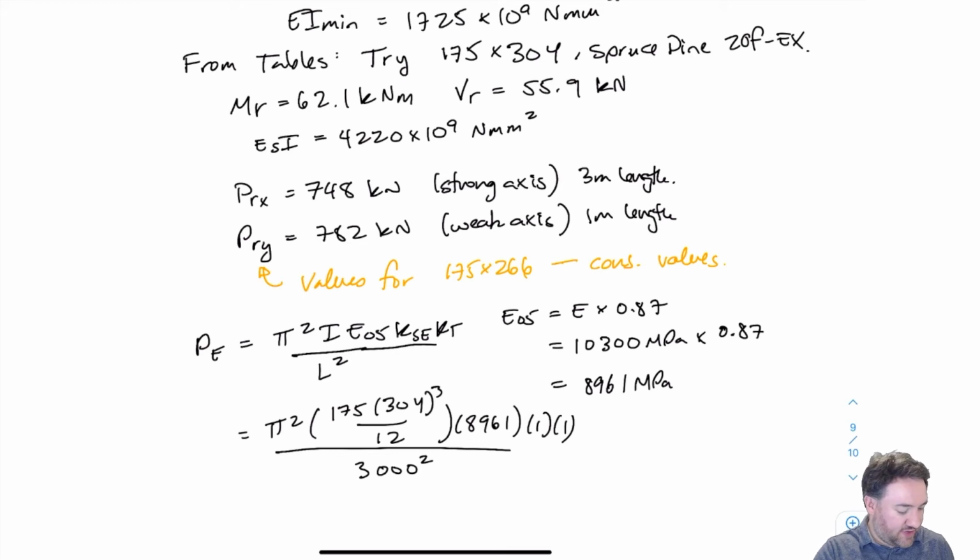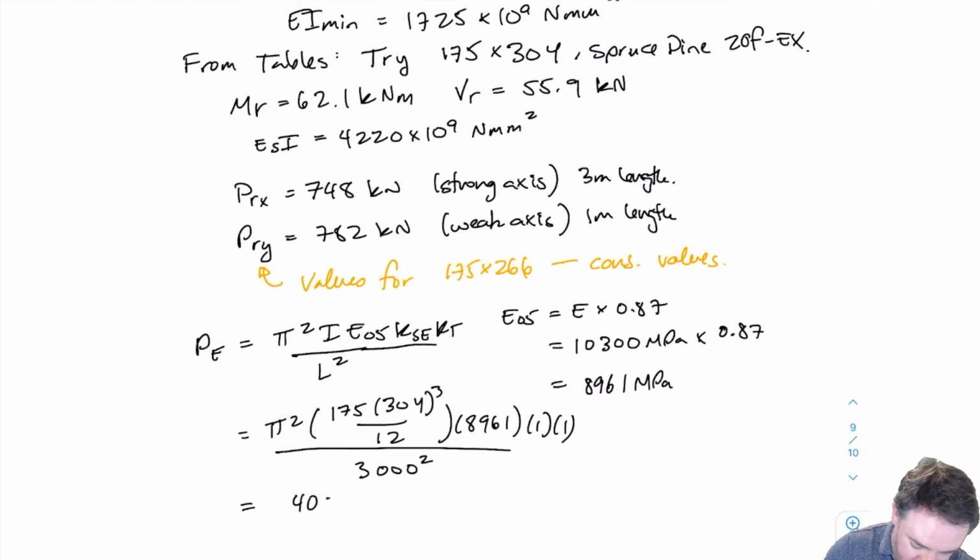And that LE is effective length in the plane of the applied moment. And in this case, the applied moment is in the strong axis direction. And in the strong axis direction, the effective length is the total length of the beam. In the weak axis direction, the out of plane direction, remember, the column is restrained at the points of the mullions, of the window mullions. So then the LE would be only 1,000. So I do this, and I get 4,026 kilonewtons.